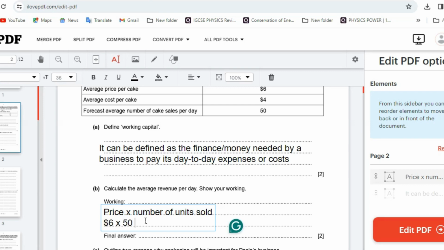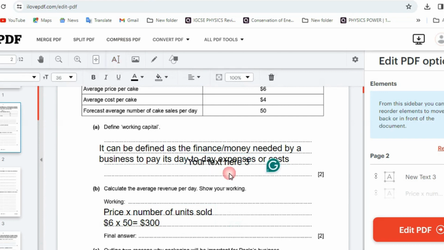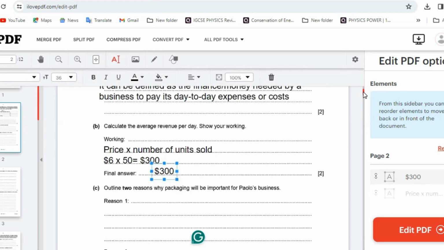This will give us $300. Now let's put our final answer here after we've shown our workings in order to get our full mark. We have $300 as our final answer. Now let us move to the next question.